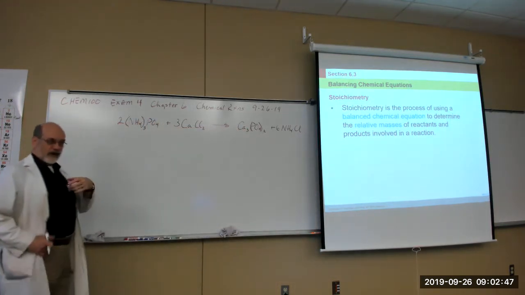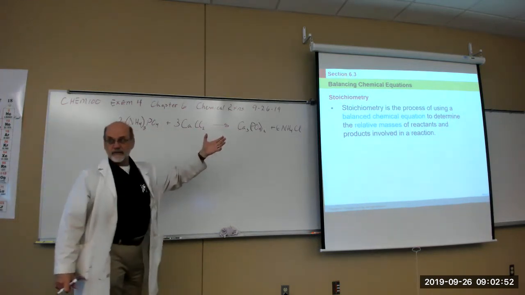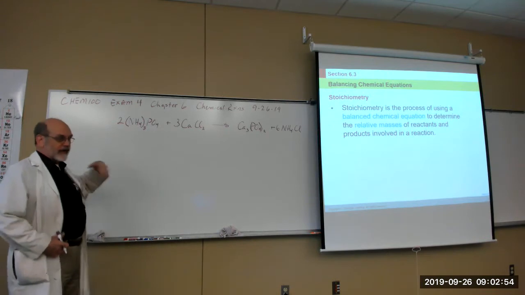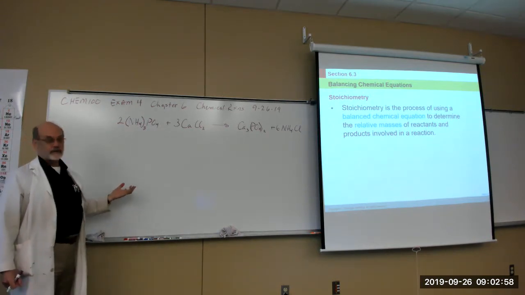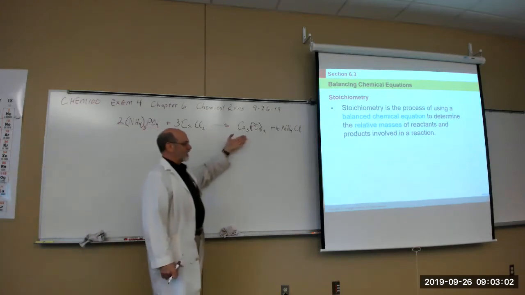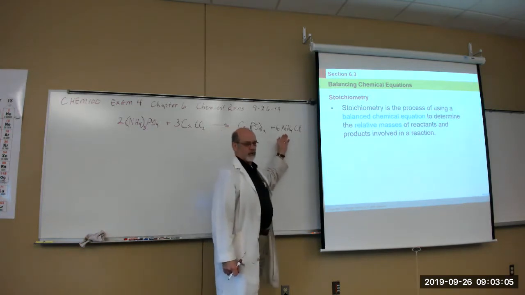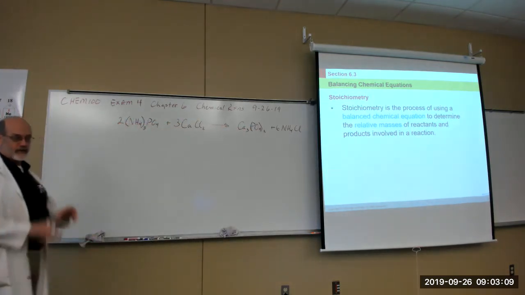Now, what I just said was true. Molecule, molecule, molecule, molecule. But it also works for any other measurement of numbers. For instance, moles. 2 moles of that plus 3 moles of this makes 1 mole of that and 6 moles of that. Okay, the ratio is the same.